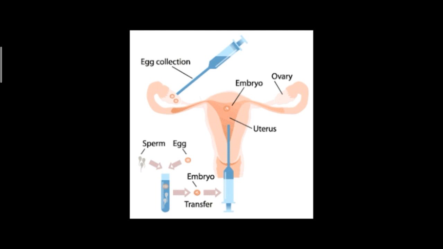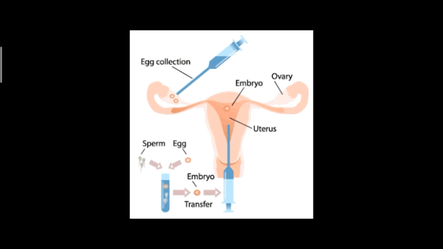In such cases, doctors collect a freshly released egg from the mother and sperms from the father and keep them together for a few hours for IVF. IVF means in vitro fertilization, fertilization outside the body.